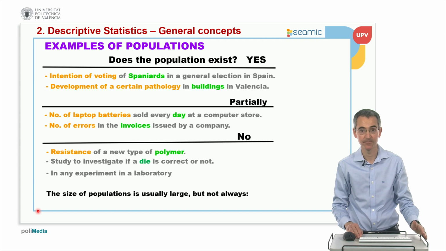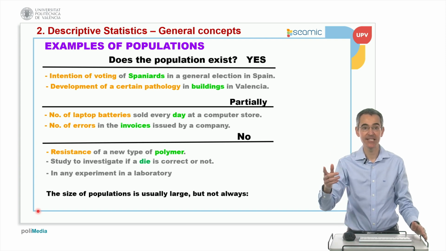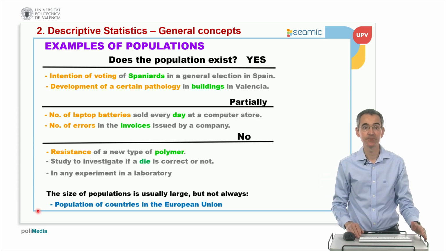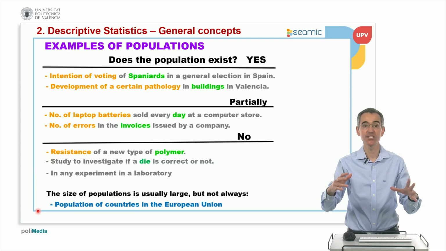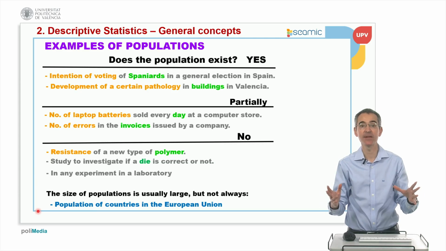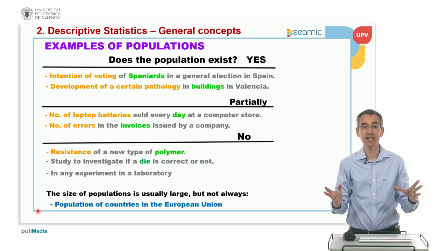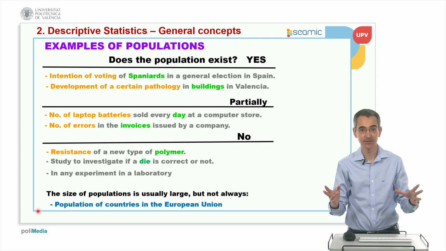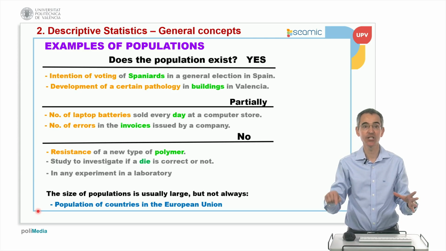Well, another important idea is that the size of populations is usually large, but not always. For example, if I talk about the population of countries in the European Union, is the size large or not? Okay, I say population of countries. I don't talk about population of people.